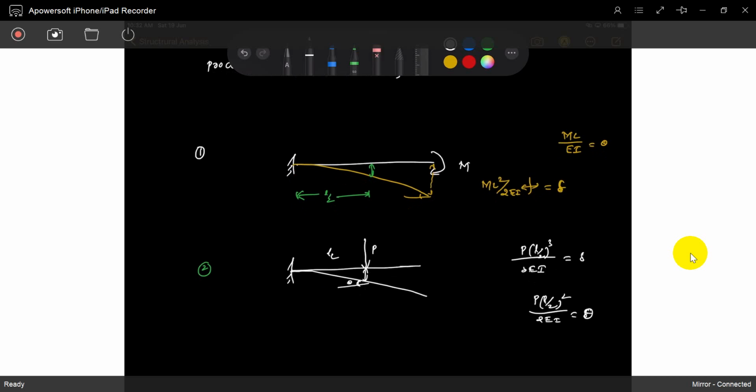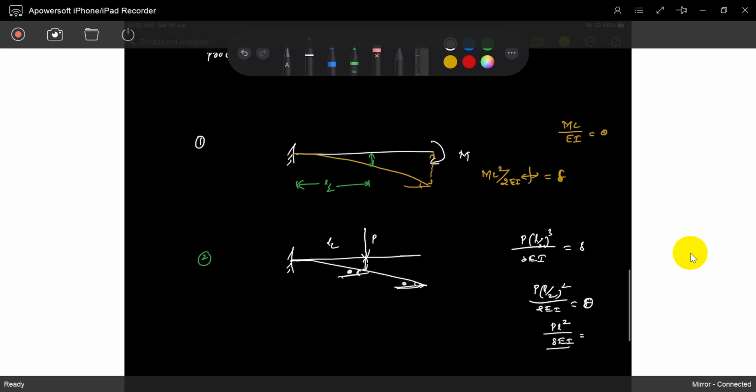So see it. The slope of PL square by 2a, but it is exactly L by 2, so PL square by 8a. That is the slope. What is the slope here? Same, PL square by 8a. Sir, how can these be equal?